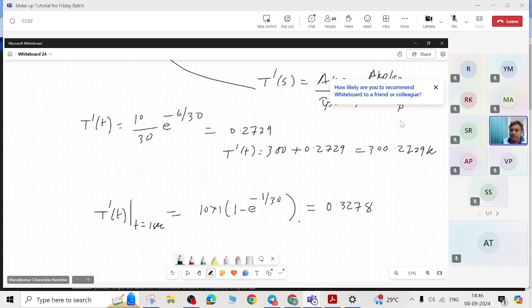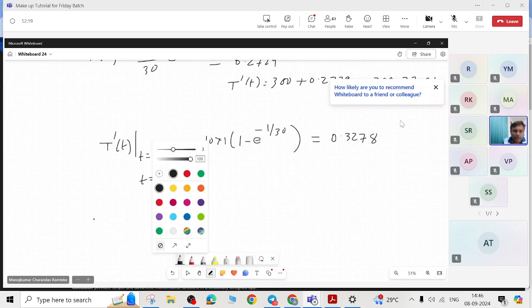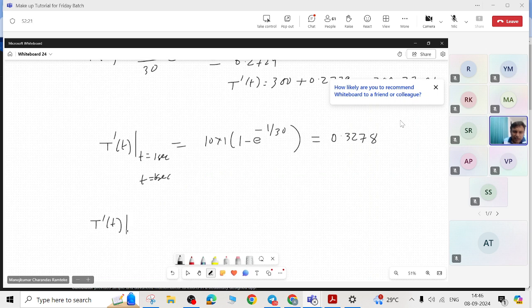Because remember in the pulse input, you are looking at t equals 6 second, which is after 1 second. So you have to use the translated function in this case. The expression you will be using for T dash T at t equals 6 second is given as A dash Kp 1 minus e raised to the power minus (T minus 1) by 30, isn't it?